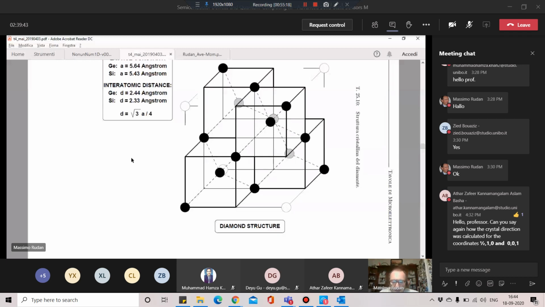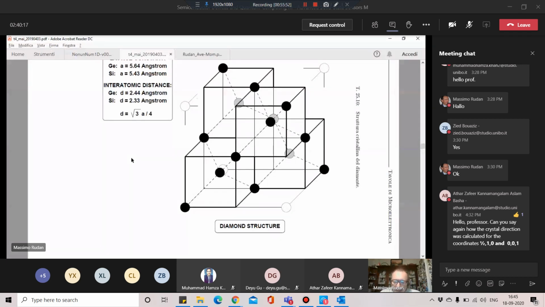Okay, you remember that carbon may have two crystalline forms. One is this one, and the other one is graphene, okay, hexagonal. So when carbon is in this form, it is called diamond. Diamond is not used in the technology because diamond is an insulator, it's not a semiconductor. Okay, but the structure is the same.